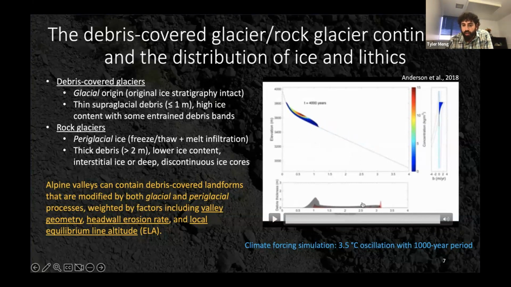On the bottom part of the plot, you can see a progression of a ground moraine where that debris is then deposited from melting ice. So this is a really nice holistic model showing the transitions between rock glaciers and debris-covered glaciers.